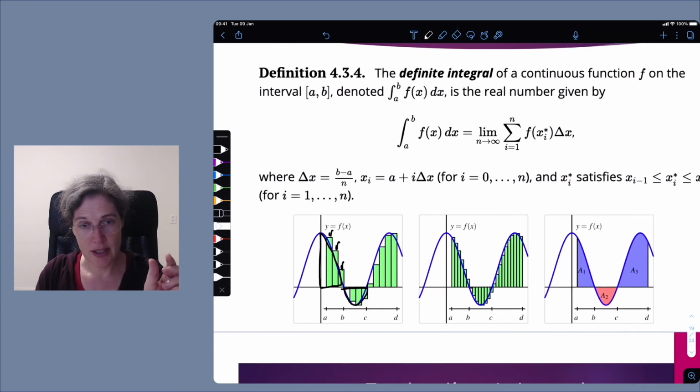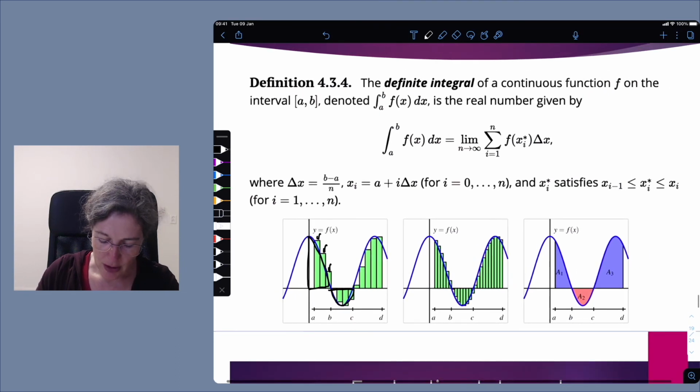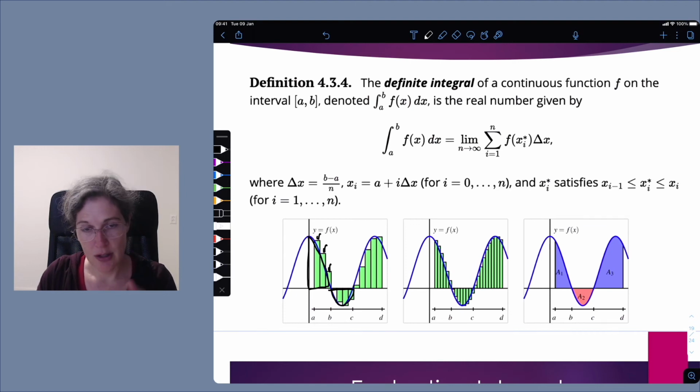And as you make your rectangles narrower and narrower, you get closer and closer to estimating the true area under the curve, where things above the x-axis are positive and things below are negative.